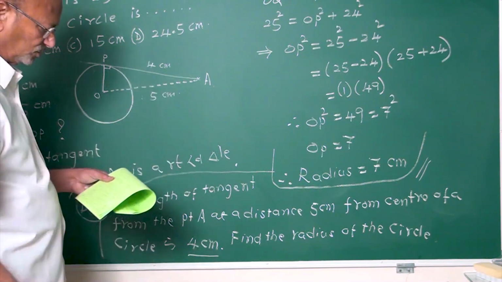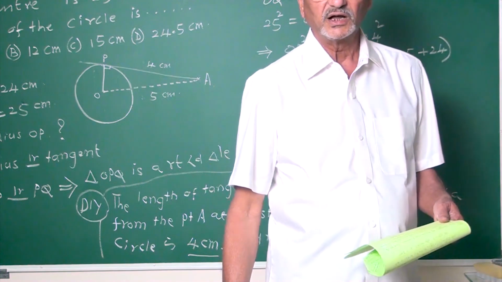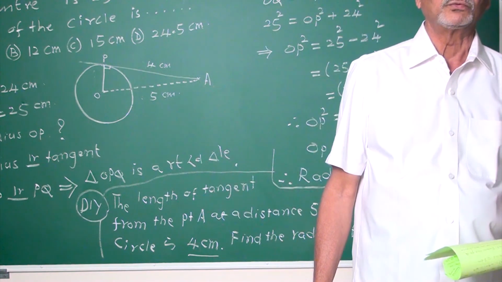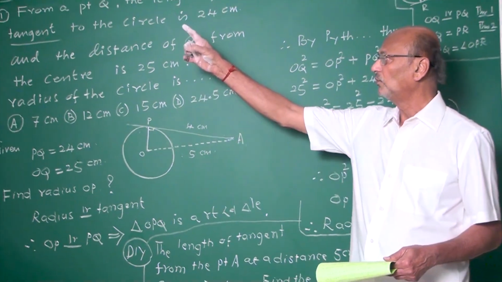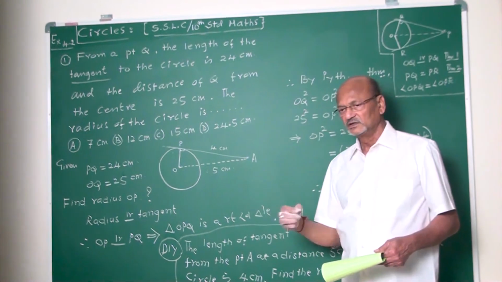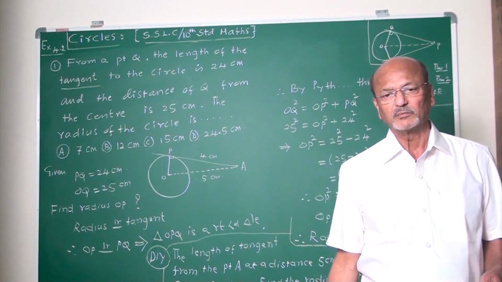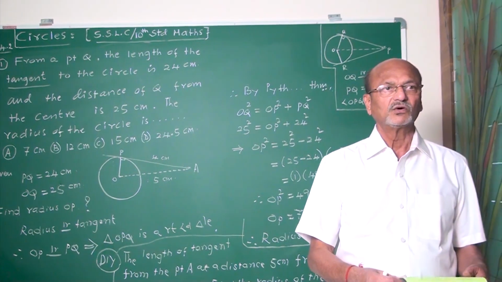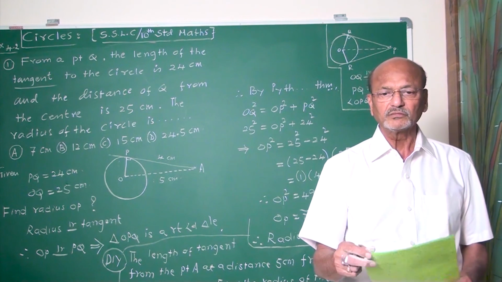We can do it this way. Yes, friends. Today this much is enough. These are the examples from exercise 4.2. One example I have done. In the next class video, I will do the remaining examples from exercise 4.2.